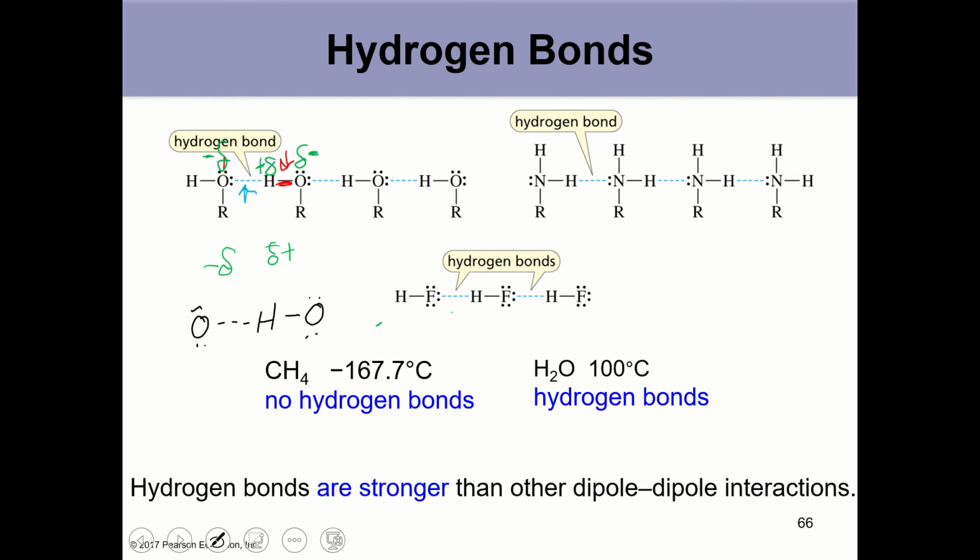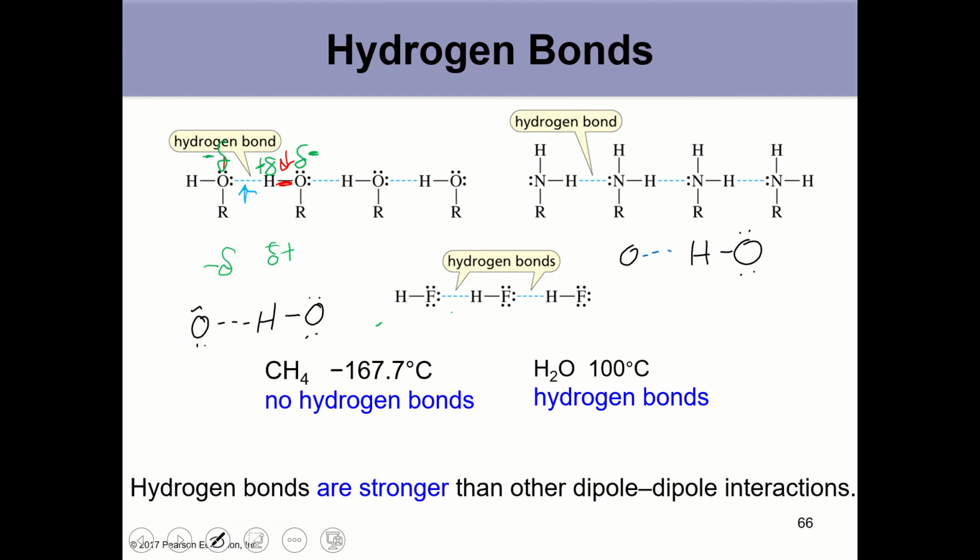So for a hydrogen bond to exist, you need one of the following combinations. O dash dash dash H, covalent bond O. We can put the dashes in a different color so that it's clear it's not the same thing.